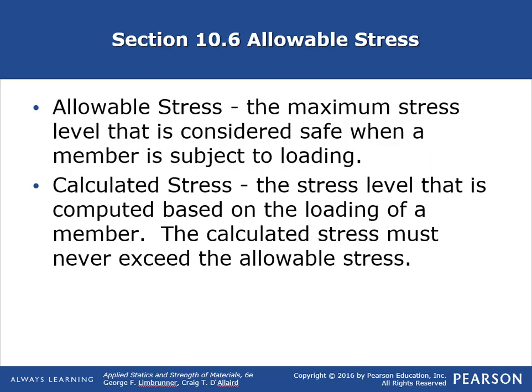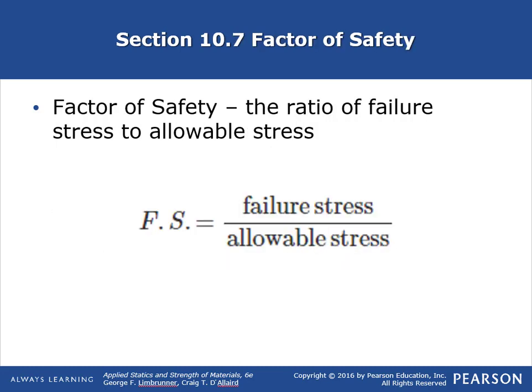Calculated stress is just the stress that you calculate. Factor of safety is typically how you get an allowable stress: the stress at which a part fails, divided by the allowable stress. So you're determining a factor of safety. That's how much stress you can handle when you're calculating your allowable stress.